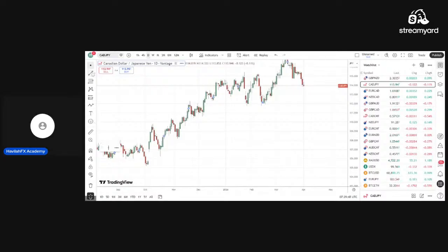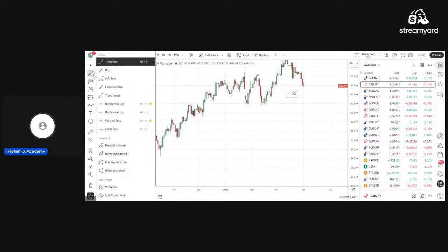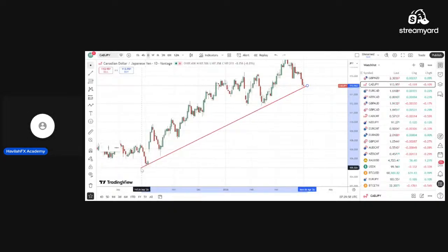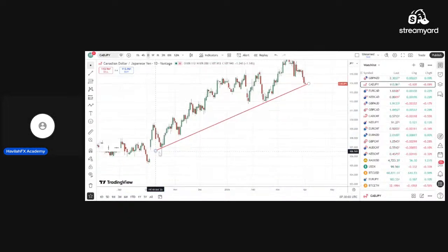We first identify the trend. What's the trend? Trend simply is direction. And we have this saying in trading that the trend is your friend. Okay, this lines up better.